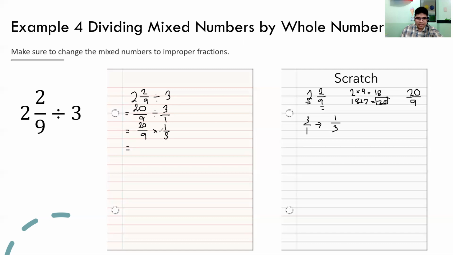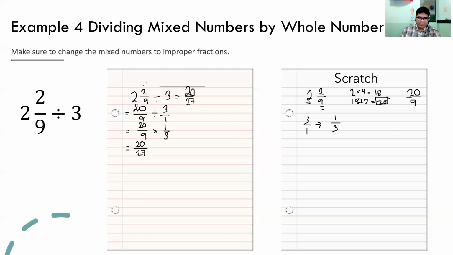Never skip steps. 20 times 1 is 20, and then 9 times 3 is 27. They do not have any common factors. It's a proper fraction, so we cannot change it to a mixed number. So the answer is simply 20 over 27.